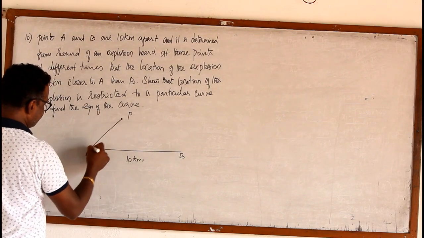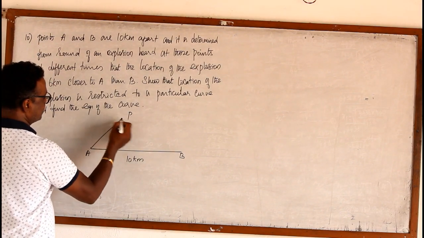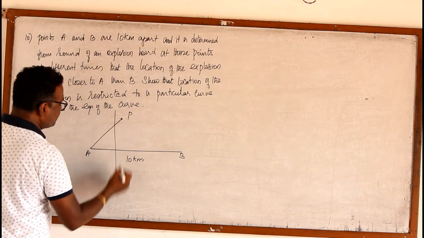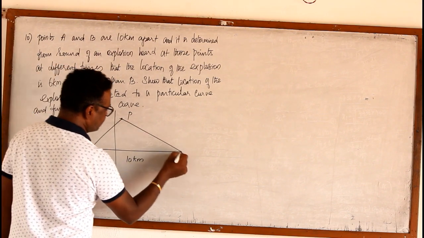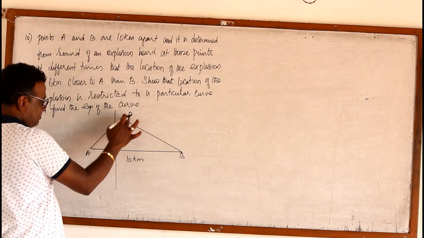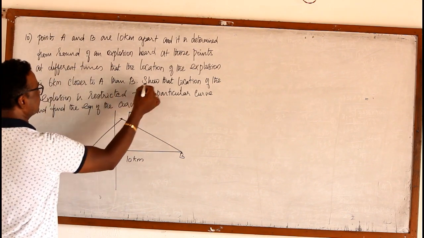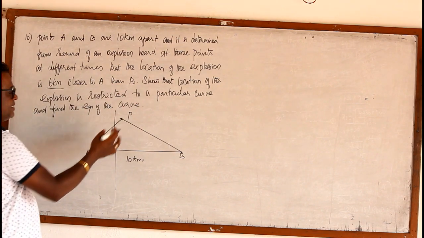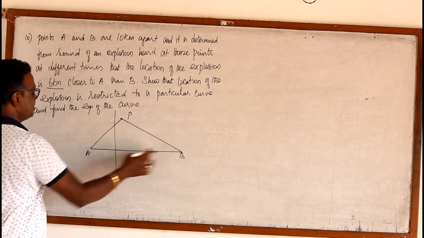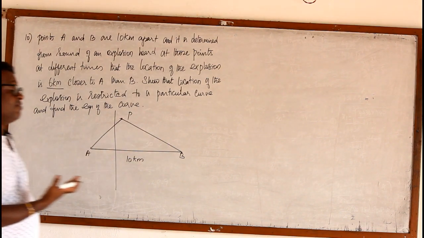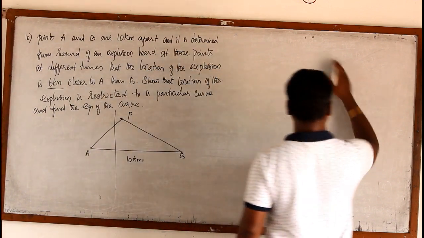It is heard by A faster, whereas this one is B. That means we say the difference between PA and PB is 6. So what is given, I have to understand, is that the difference between PA and PB is 6. So if this is the case, what is the equation of the curve involved in this?